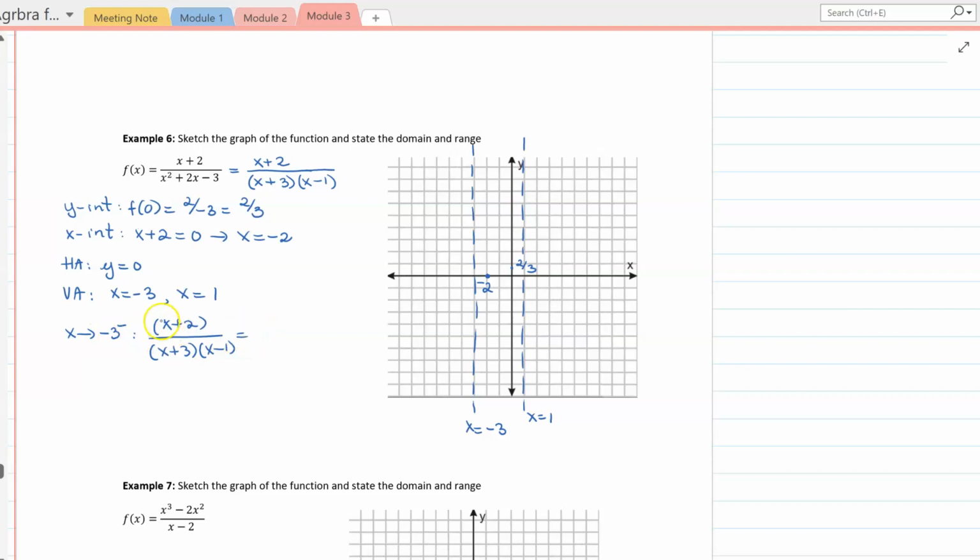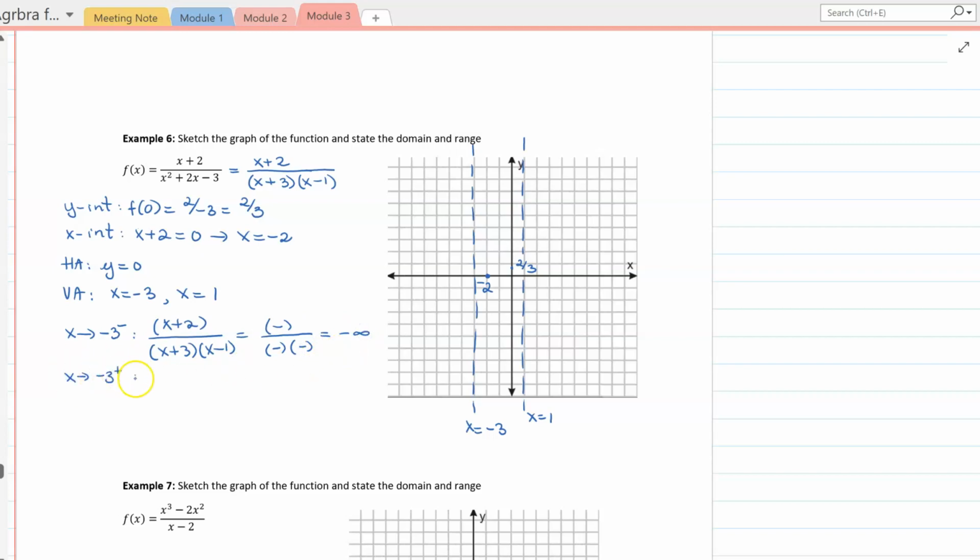So if x approaches negative 3 from the left, x plus 2 is going to be negative, x plus 3 is going to be negative, and x minus 1 is going to be negative. So this is going to negative infinity.